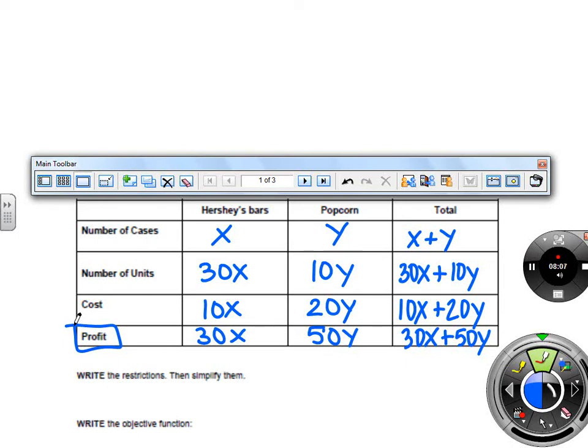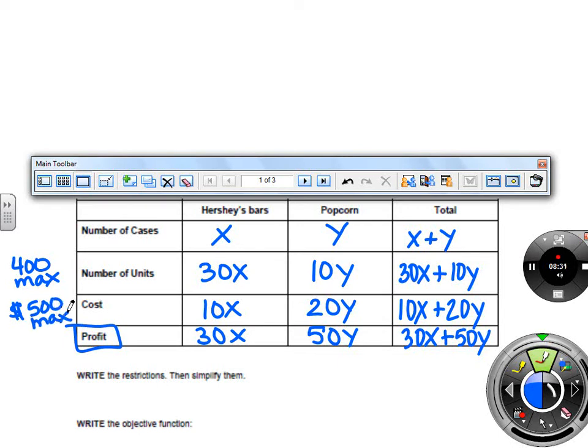Okay, so the number of units is 400 maximum. Okay, what was the other constraint they gave you about the fundraiser? Yes. $500 was the maximum you could spend at the beginning on your supplies. So this is $500 maximum.